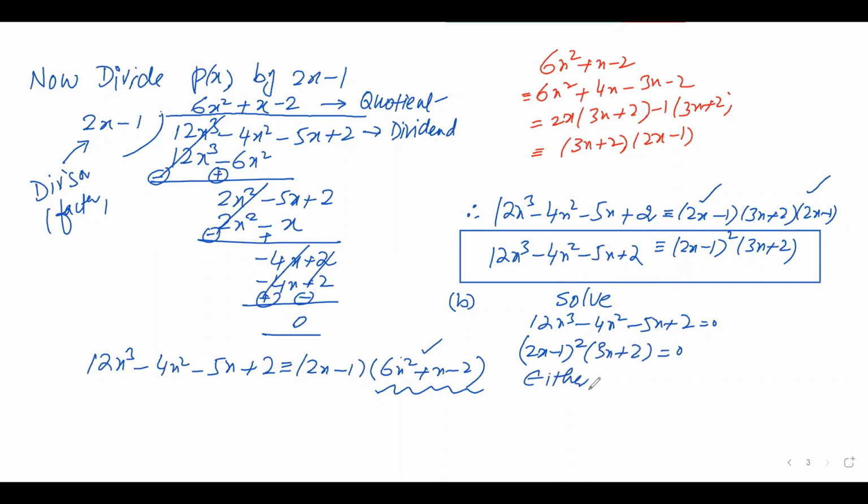So either 2x minus 1 whole square is 0, or 3x plus 2 is equal to 0. 2x minus 1 equals 0, so x equals 1 over 2. So this is the repeated root in this case.